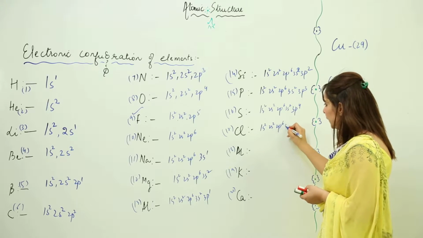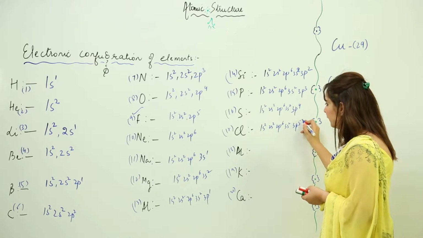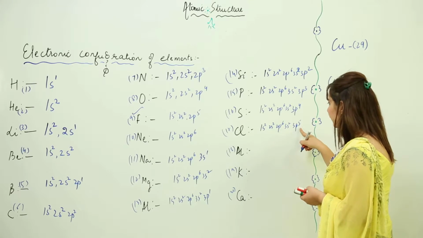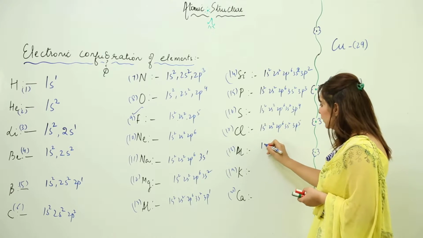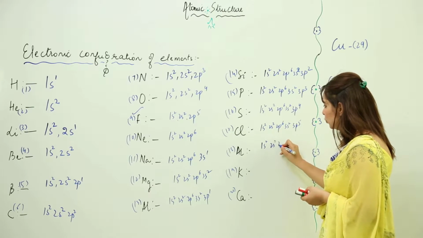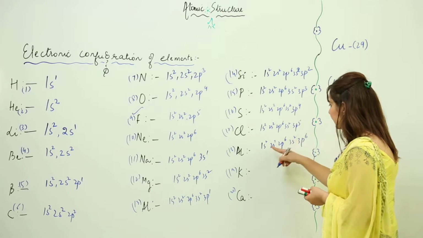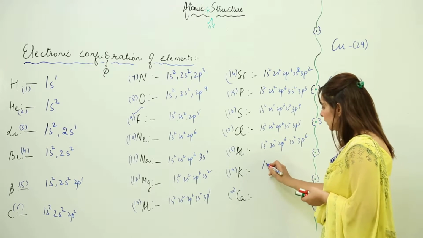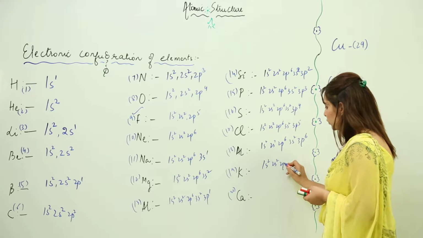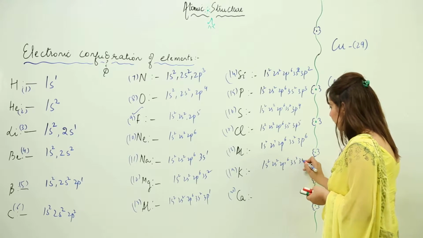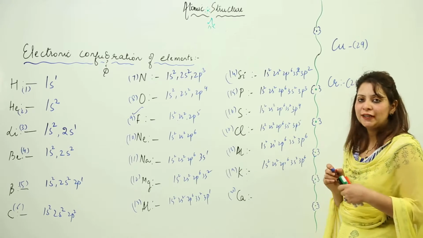Then 1s2, 2s2, 2p6, 3s2, 3p5, and 17. Argon is 1s2, 2s2, 2p6, 3s2, 3p6, and 18.